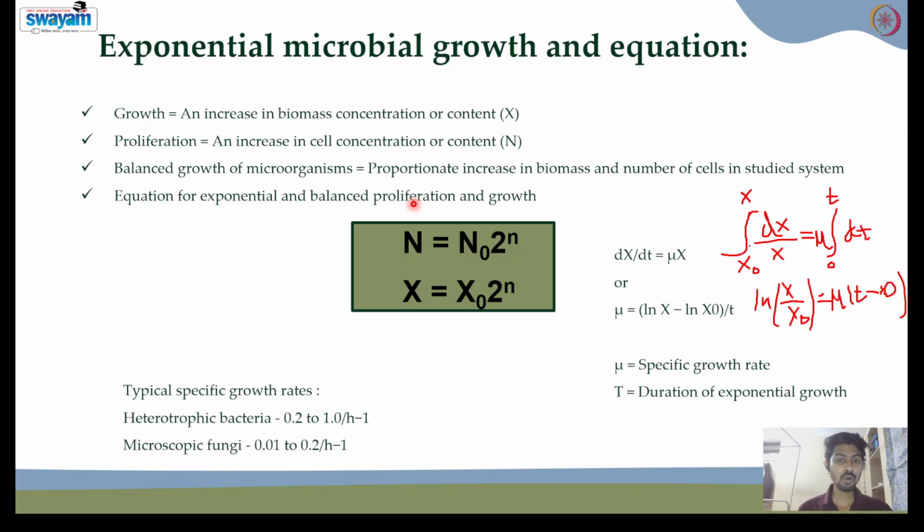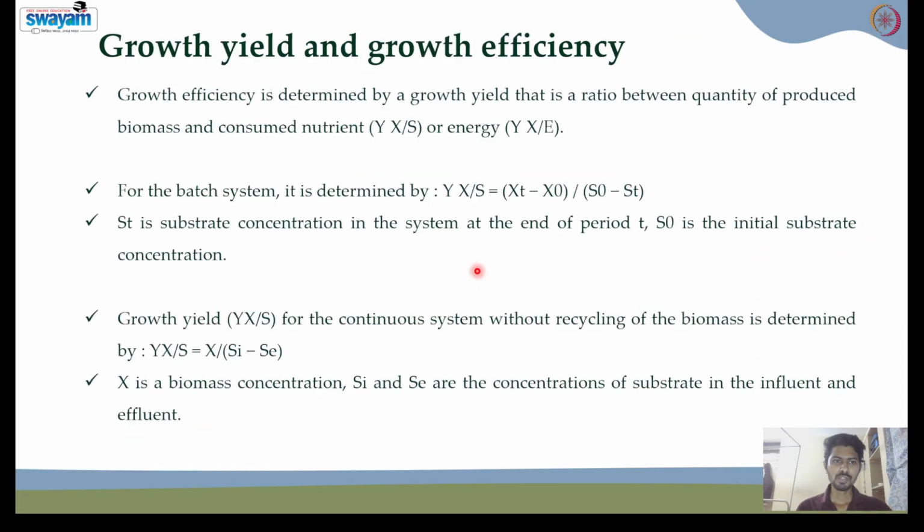This is why the specific growth rate and growth rate concept is important. Remember these formulas, they will be very helpful in solving the MCQs. So the next concept is growth yield and growth efficiency.